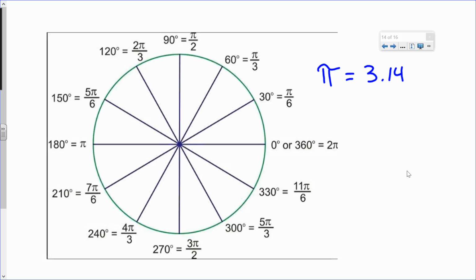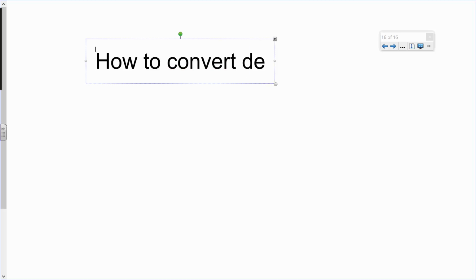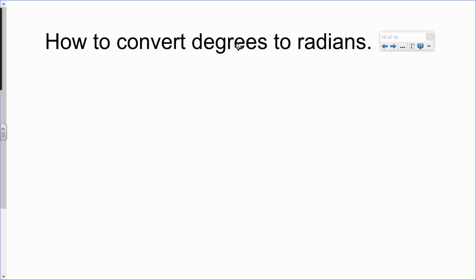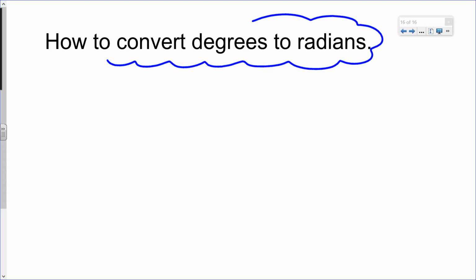Let's talk about converting degrees to radians. So on your notes, go and write how to convert degrees to radians. Put a little cloud around it.